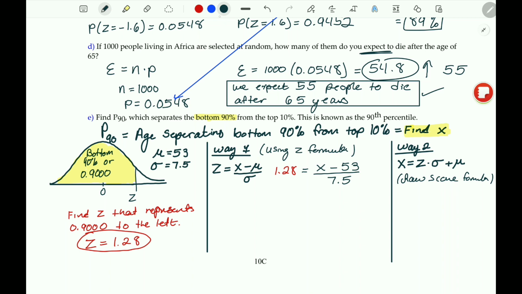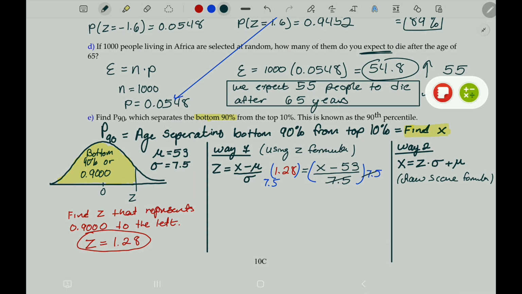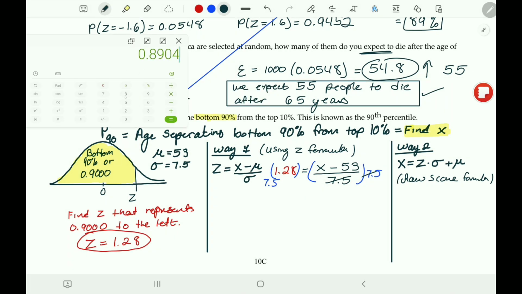Now, we want to multiply both sides by 7.5 in order to get rid of the fraction. These simplify. So let's see what is 1.28 times 7.5. That's 9.6 equals x minus 53.